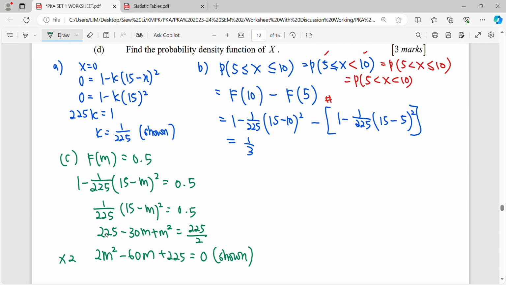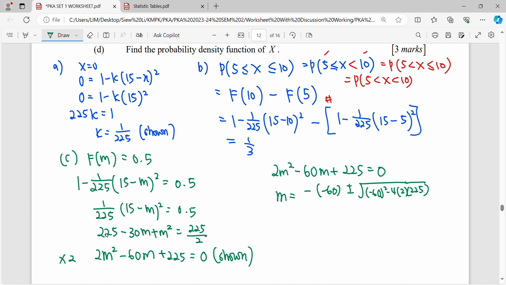So for this quadratic, if you press calculator, can you get factor? You get decimal. If you get decimal, means we need to use the formula: negative b plus minus square root of b squared minus 4ac, over 2a.